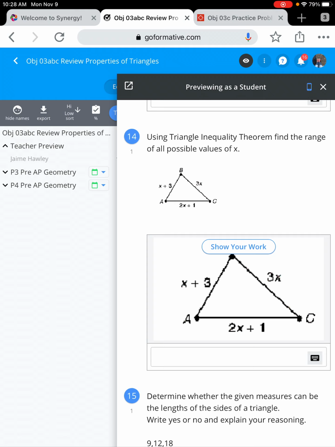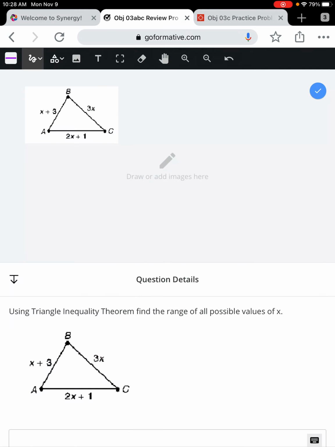It says use the triangle inequality theorem to find the range of all possible values. So you have three possibilities. The triangle inequality theorem says the third side of a triangle has to be less than the sum of the other two sides. So I know for sure that x plus 3 has to be less than the 2x plus 1 side plus the 3x side.